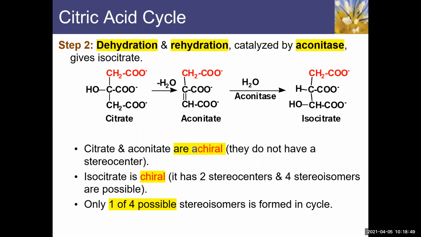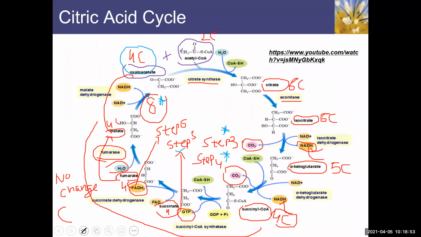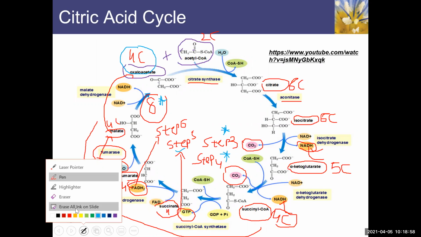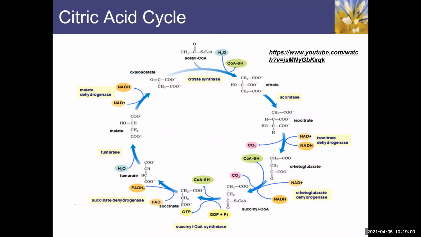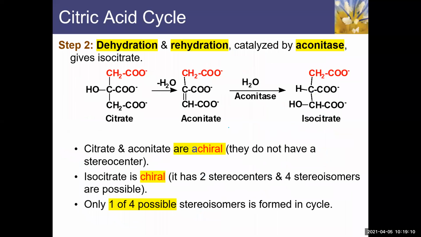In step 2, what happens in step 2? Let me erase all this first. We have a citrate, and citrate is converted into what? It's converted into the isocitrate, right? So if you see here, this is my citrate. So what happens? Water comes out here.